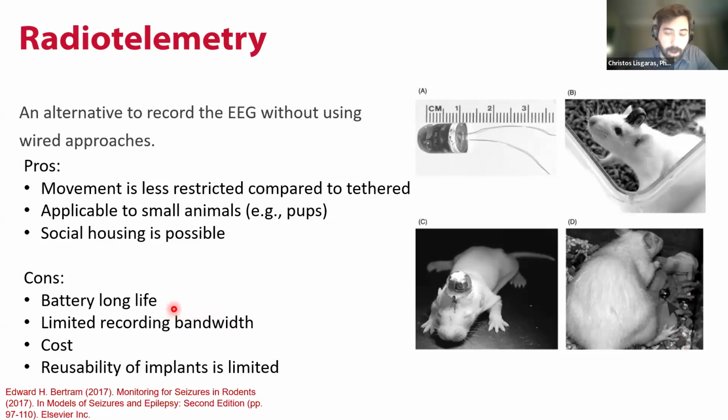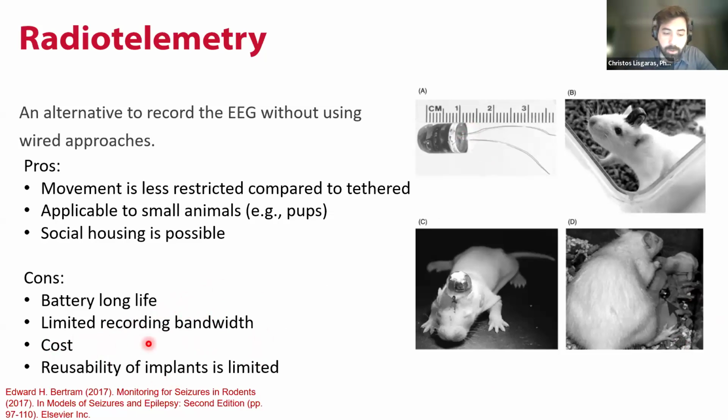But some of the limitations are that the battery of the transmitter is quite limited. You cannot usually record for several weeks. There is a limited recording bandwidth. If you are interested in looking at faster frequencies, that might be a limitation.